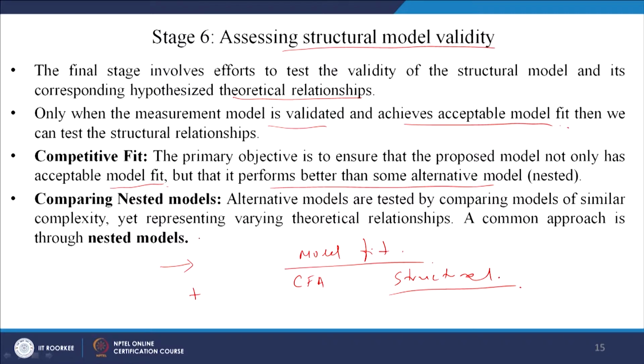A common approach is through nested models. You had a model, and by adding or deleting a variable, whatever new model comes is called a nested model. You compare the base model, the first model, with this new alternate model and see which one is performing better, and the one which is performing better you need to accept.